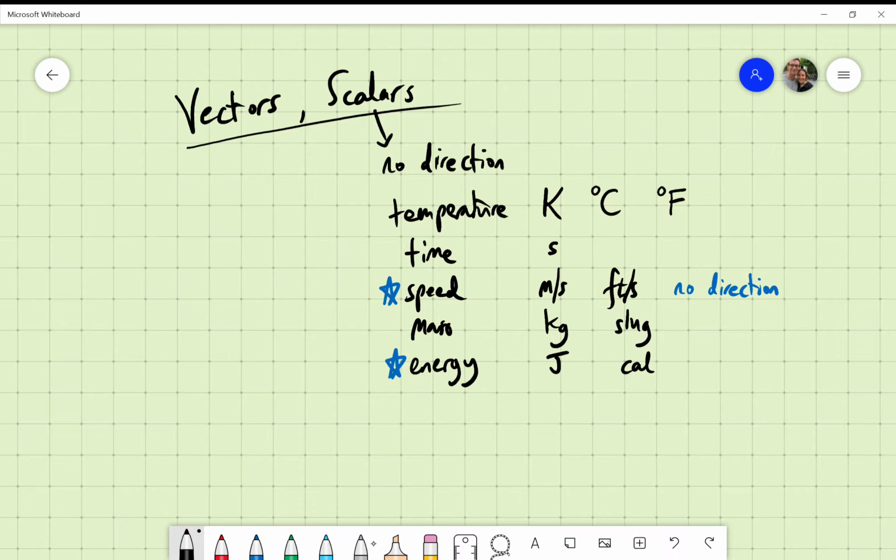All right, now in the vector world, these are ones where you really have to attach direction. It doesn't make sense if you don't. You don't have the full picture if you don't have the direction. So these are things like force. Force is measured in newtons in the metric system, or pounds in the US customary.